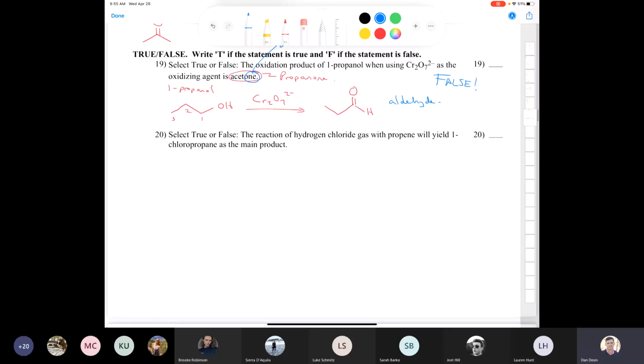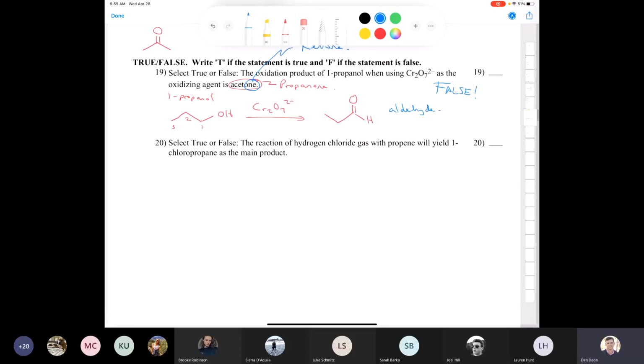Question number 20, true or false? The reaction of hydrogen chloride gas with propene will yield 1-chloropropane as the main product. If I take propene, which would be this molecule, and I treat that with hydrogen chloride gas, HCl, what am I going to employ here?